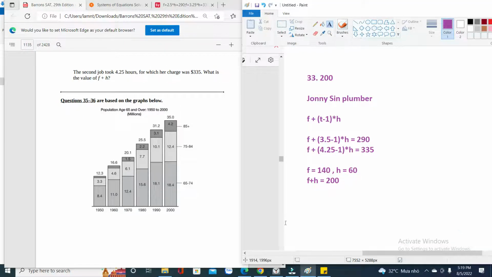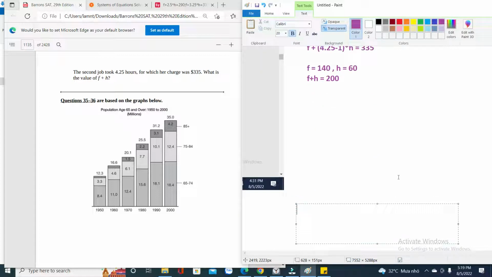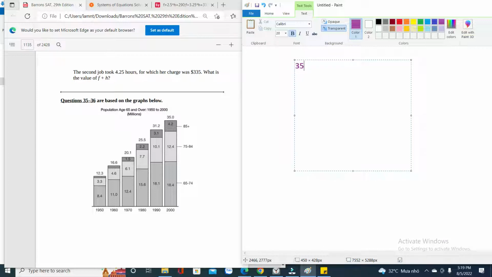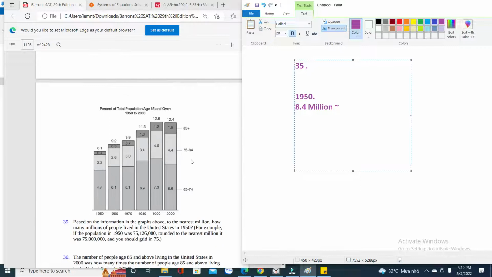So for 35 in 1950, we know this portion, 8.4 million, which is age 65 to 74, is equivalent to 5.6%. So therefore you can deduce the population.